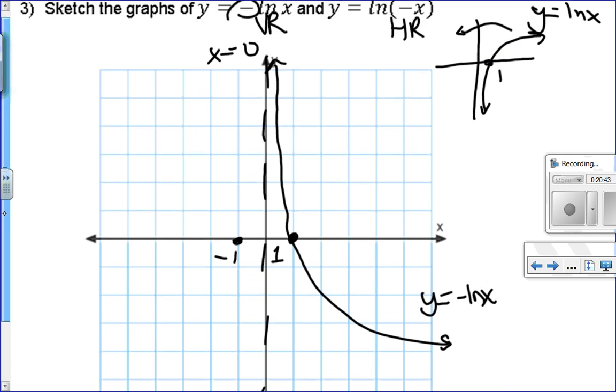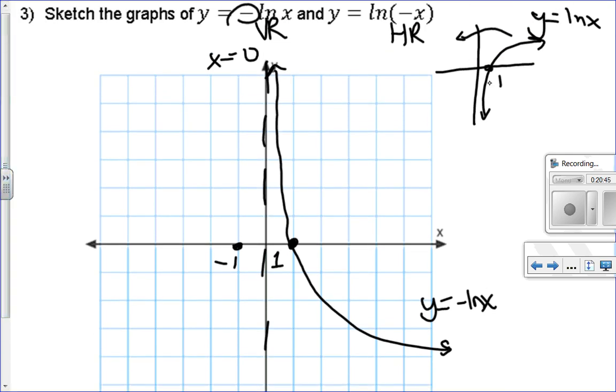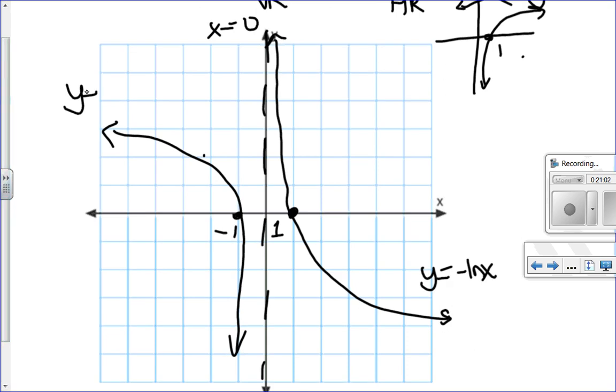Now, if you look at this graph here, it's like I'm taking this graph right here and I'm just literally flipping it to the left. So it's going to look something like that, and again, it's just a rough sketch. But you can see that this graph and this graph are mirror images of one another. Okay, and then I will label this one as y equals ln of negative x. So just a rough sketch of those two.